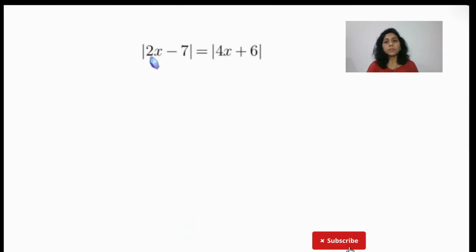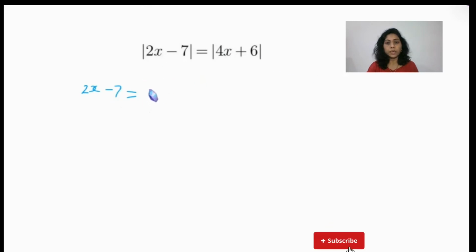In this type of question, the absolute value is given on both sides. So don't worry. Here, this second absolute value can be positive and can be negative.